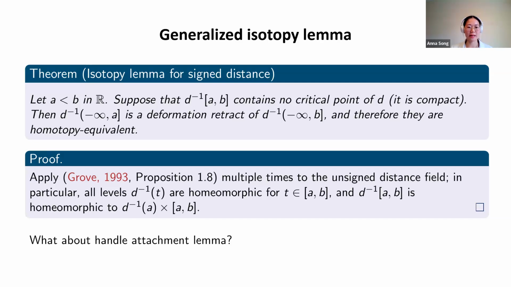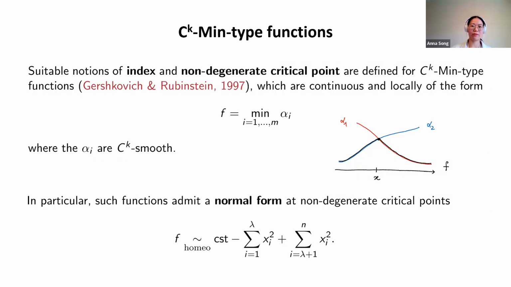So how about the handle attachment lemma? How can we define the notion of index? What is interesting is that in Grove and in the other references, they were saying there exists a notion of index, but only in certain special cases, and they do not know what to do about it. So the right framework for it is the CK-min-type framework that was introduced by Agrachev, Pallaschke and Scholtes. Actually, CK-min-type functions are those that are locally of the form a minimum of finitely many CK-smooth functions alpha i.